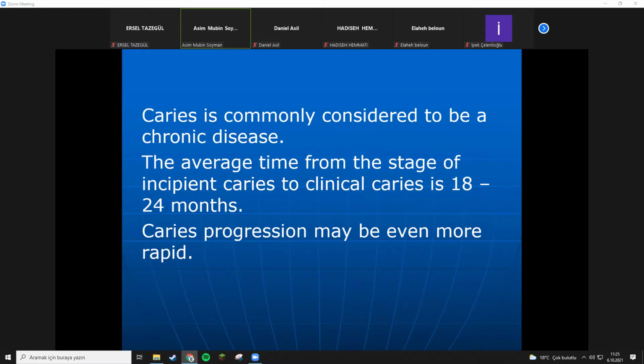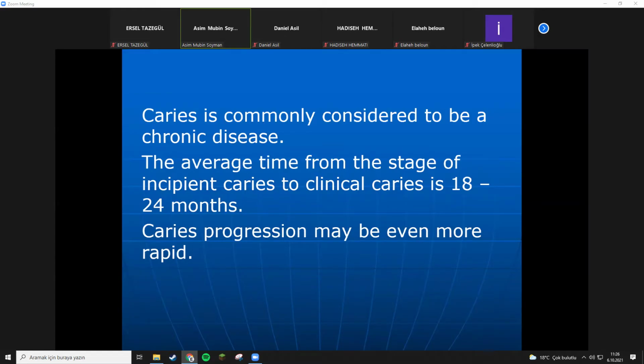Now, caries is commonly considered to be a chronic disease. The average time from the stage of incipient caries to clinical caries is 18 to 24 months. It's a chronic disease. Of course, caries progression may be even more rapid, but generally it goes very slowly.